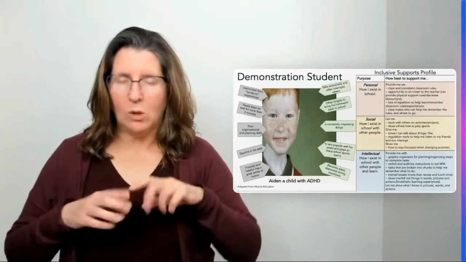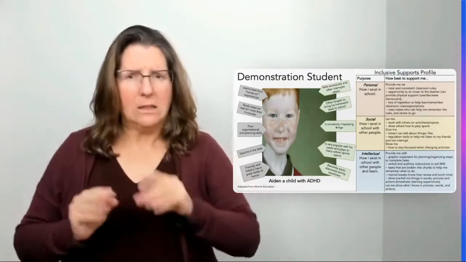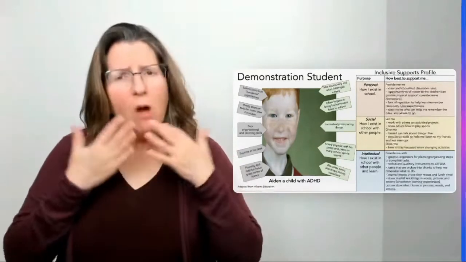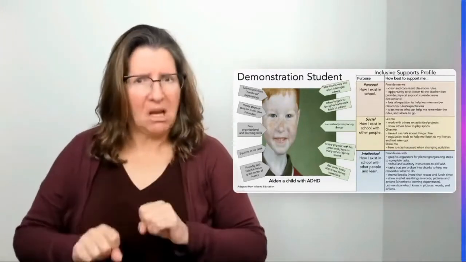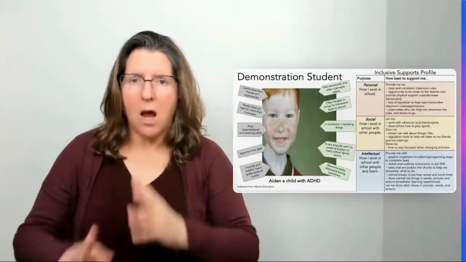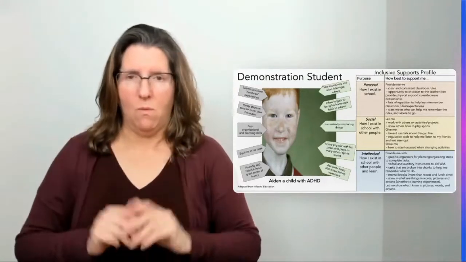We know that he tends to squirm at his desk. This usually indicates the student needs to move around. We also know he is friendly, helpful, and has a great sense of humor. He's a talker and often interrupts others.